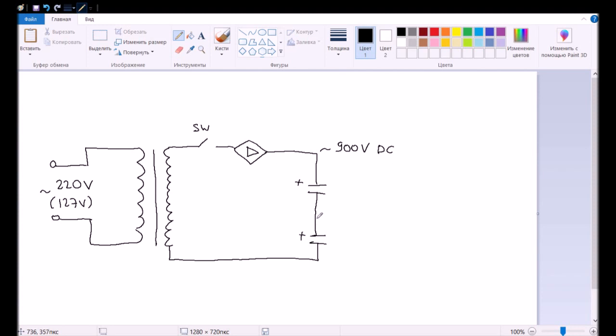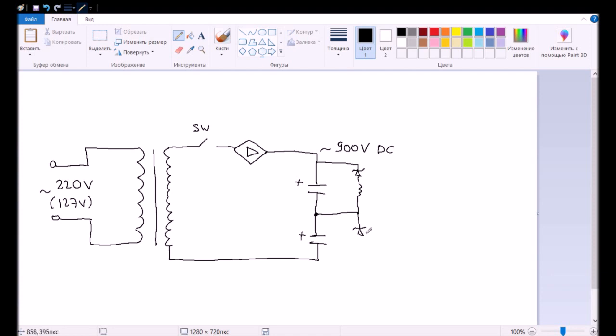So, what are the minuses of this circuit? The capacitance of these caps is not equal, so when they are charged, to avoid overcharging, we must set flattening circuits.